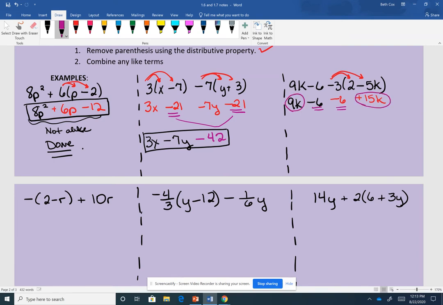So I'm going to combine them using addition and subtraction. It doesn't matter which ones I do first. If I do the 9k and a positive 15k, signs are the same, I'm going to add the numbers, so that'll be a 24k. And then these two are alike. Signs are the same again. Sign same, add the numbers, and keep the sign. And so there's the answer for that one.